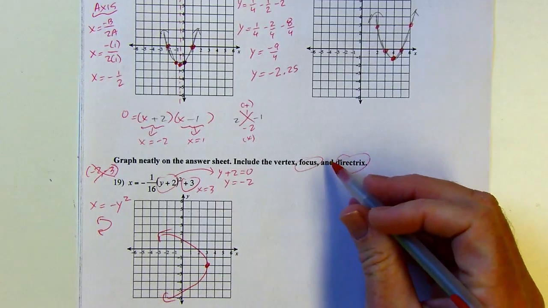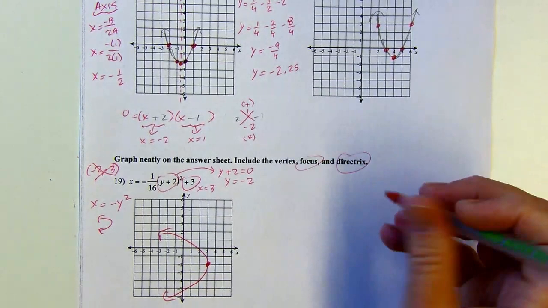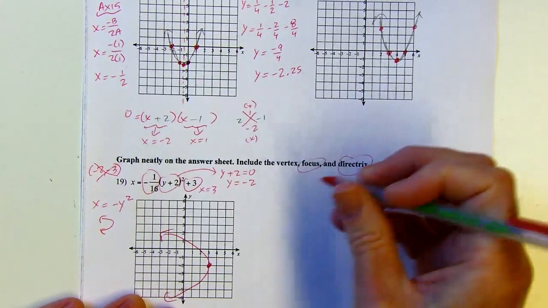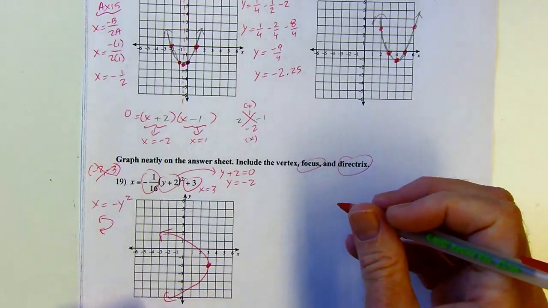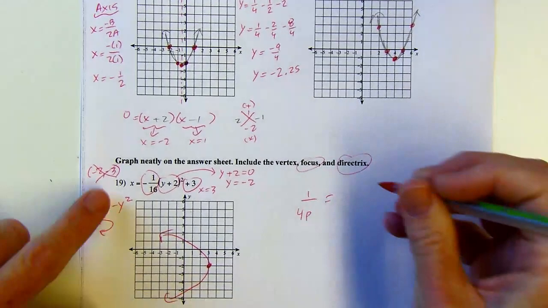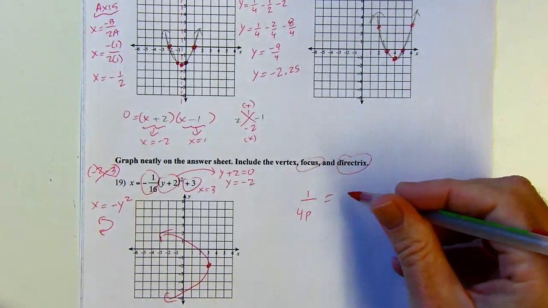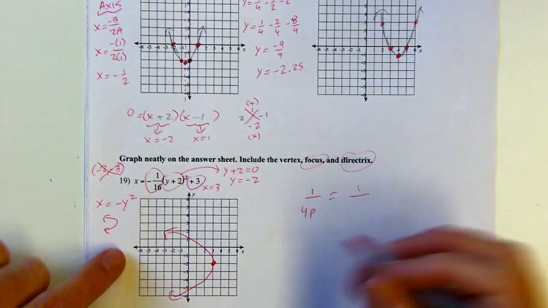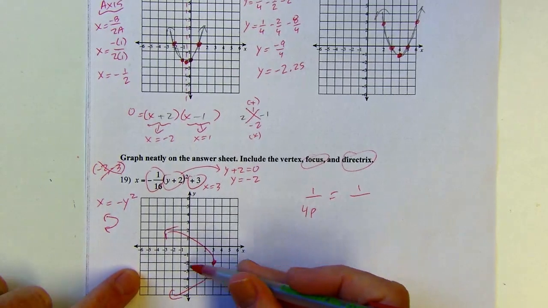So in order to do that, I need to find p, the p value. Okay, so I'm going to take this and set it equal to 1 over 4p. Actually, it'll work fine if you just use 1/16 instead of negative 1/16. It doesn't really matter as long as you know the focus is going to go somewhere inside the parabola.